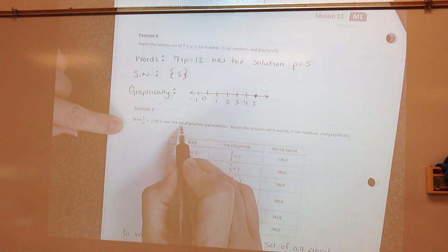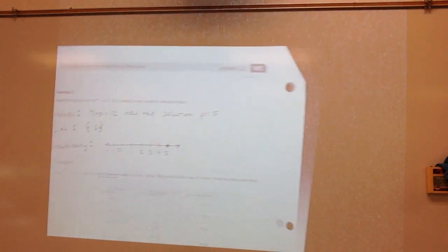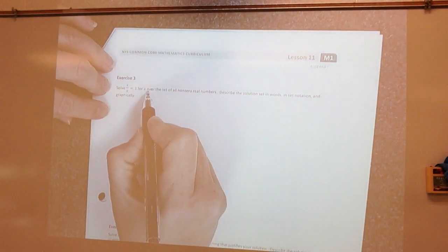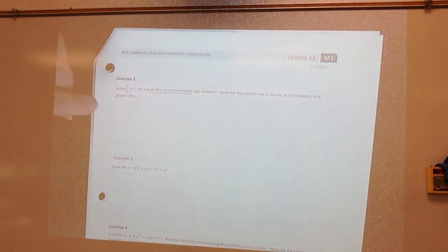It says solve for all set of positive real numbers. Here it tells me over a set of all non-zero real numbers. So now I can look at this and say, can I include all my negative numbers? Is negative 1 divided by negative 1 positive 1? It is. Negative 100 divided by negative 100 is 1.